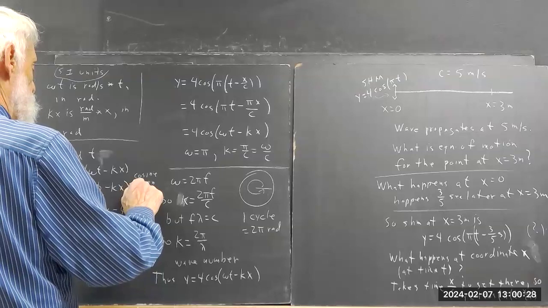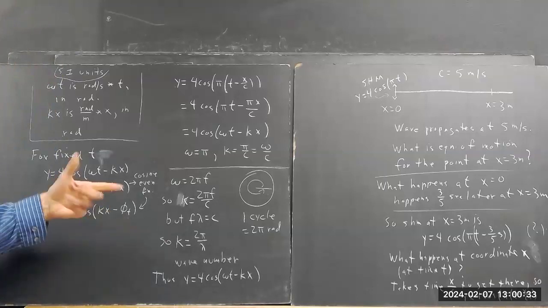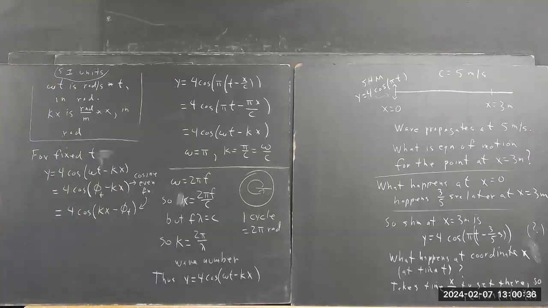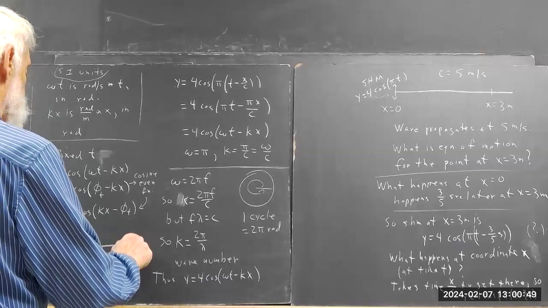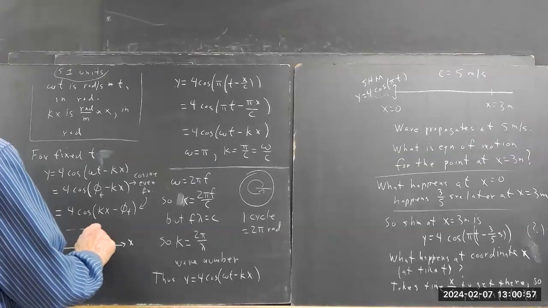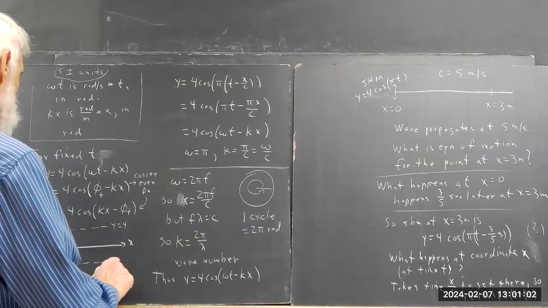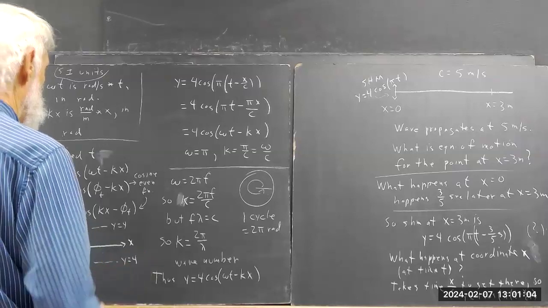So to get from here to here, it just comes up because the cosine's an even function. Well, we can graph that. We graph y versus x. y equals 4 up there, y equals 4 down here.